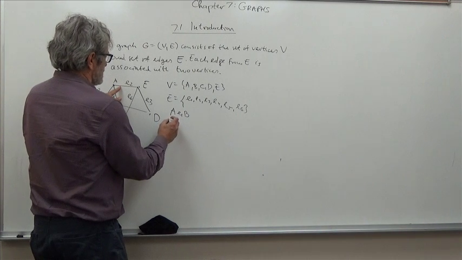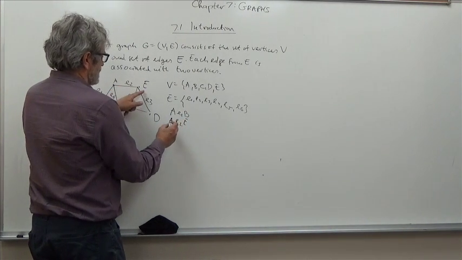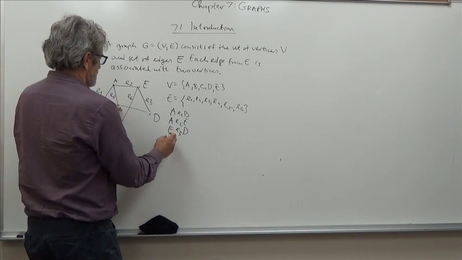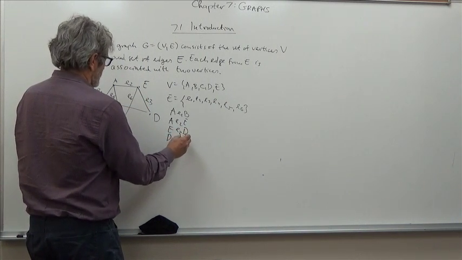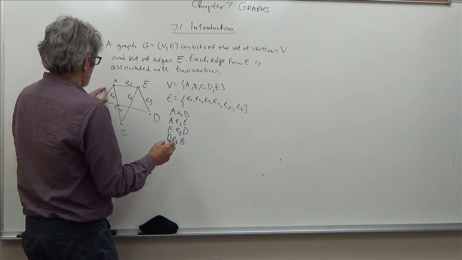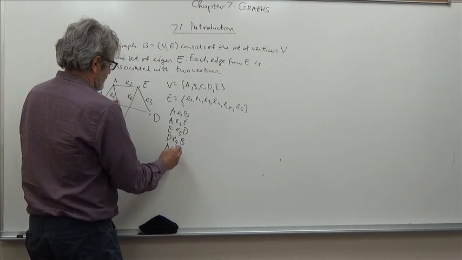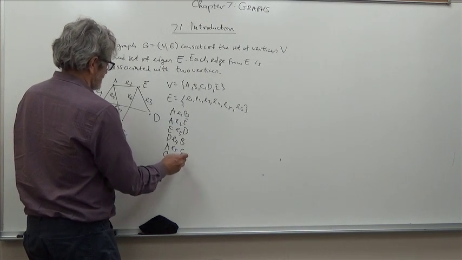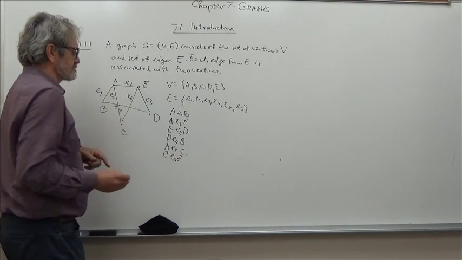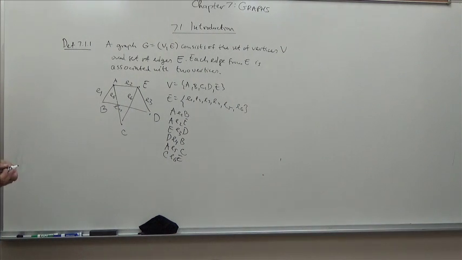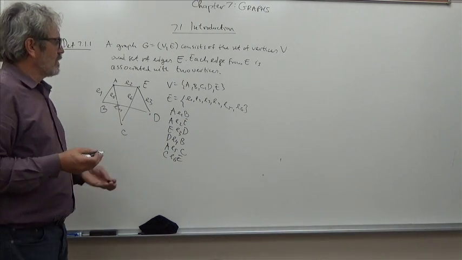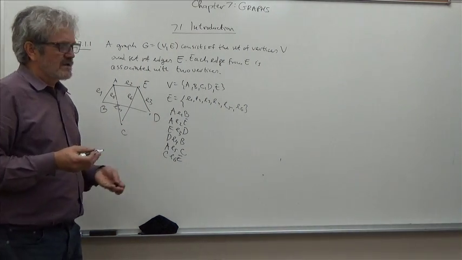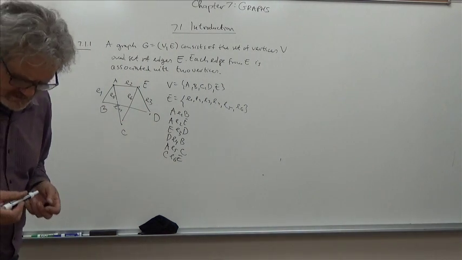And then A, E2, E; E, E3, D; D, E4, B; A, E5, C; and C, E6. So here we listed all the associations of an edge with certain vertices.